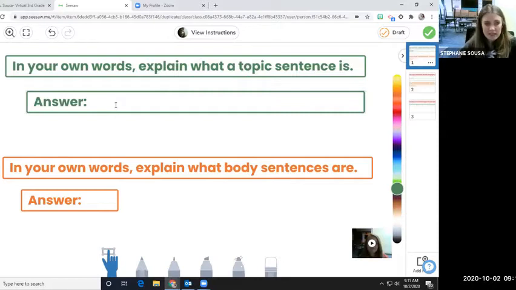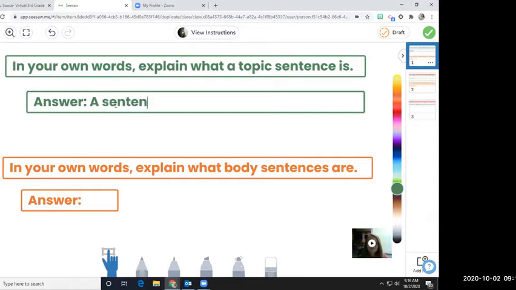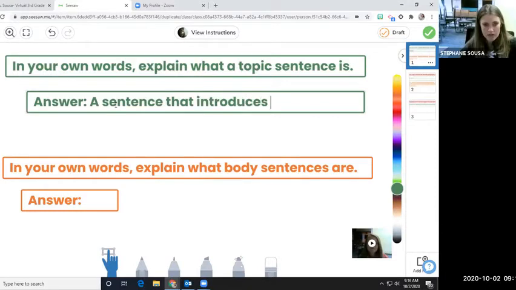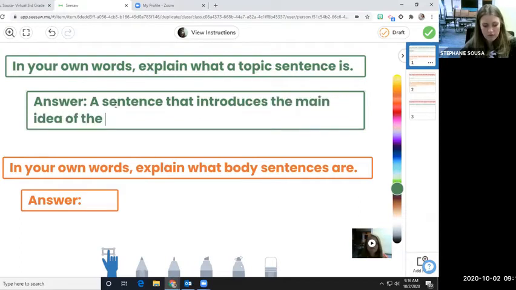A topic sentence is, in our own words, a sentence that introduces the main idea of the text. I like what Josh said about helps the reader predict.